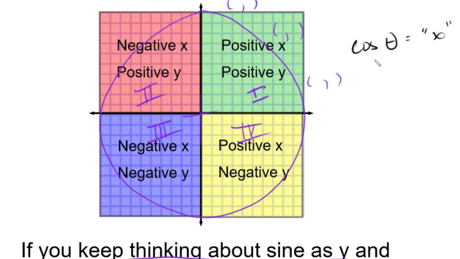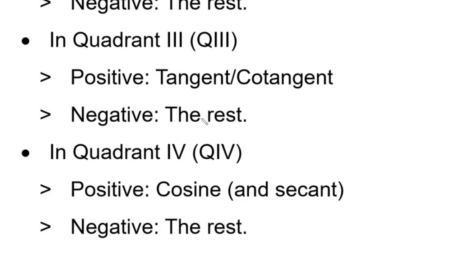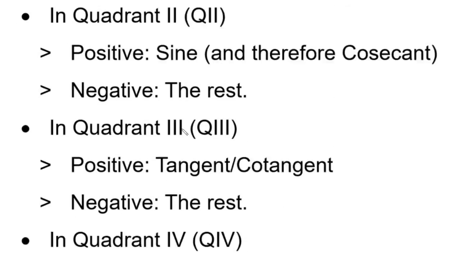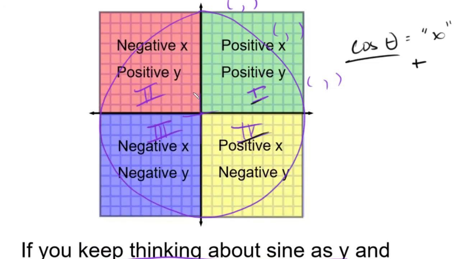And then it would make sense that cosine of the angle would be positive if x was positive. So in quadrant 1 and 4, x is positive. So quadrant 4, cosine is positive, and quadrant 1, cosine will be positive because all of them are positive.